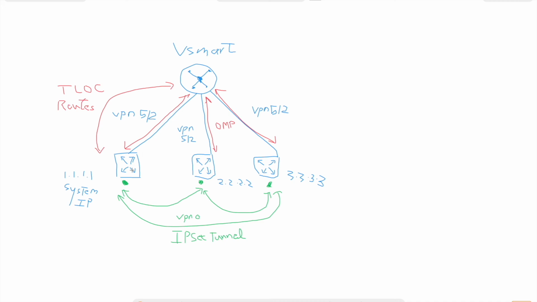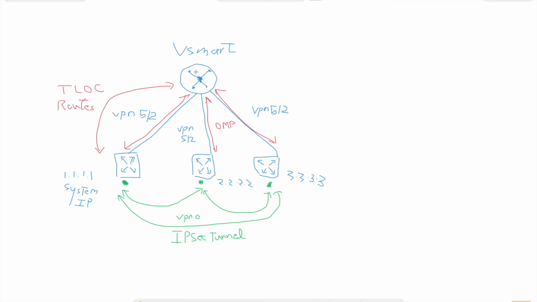TLOC routes will be advertised between each vEdge router and vSmart, which include the prefixes received from the customer sites over the service interface, and each prefix will be associated with the TLOC of each vEdge router to the vSmart controller.